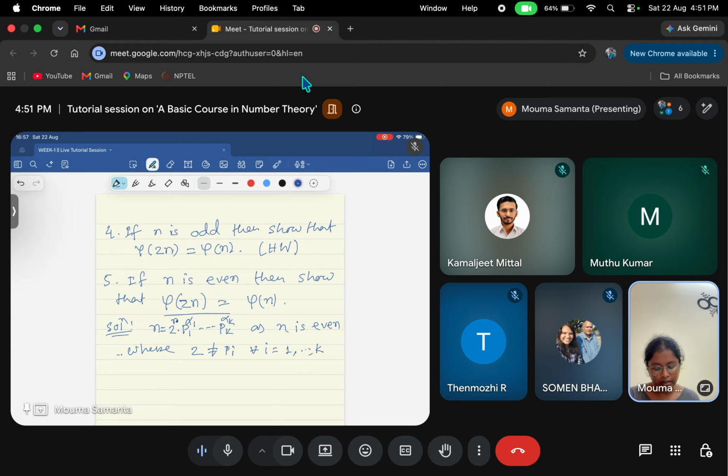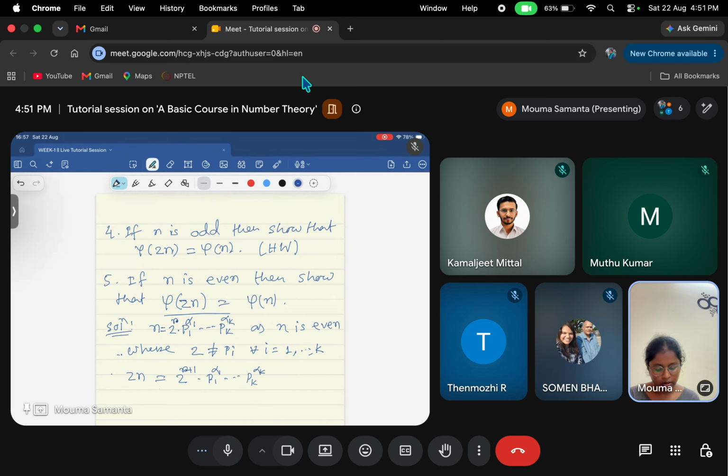So from here what can you conclude? What will 2n be then? In 2n the power of 2 will be raised by 1: 2 power r plus 1, and p1 power alpha 1 up to pk power alpha k, because 2 does not equal any pi.